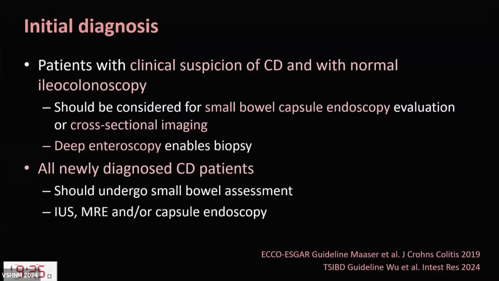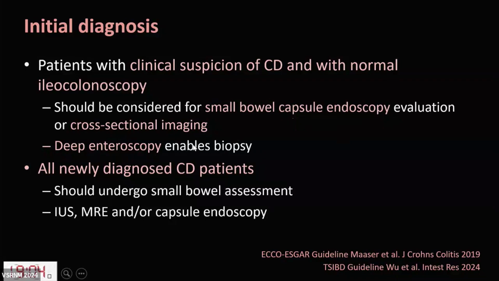So for initial diagnosis, if the patient is suspicious for Crohn's disease but has a normal ileocolonoscopy, then the small bowel should be examined, and we can use small bowel capsule endoscopy or cross-sectional imaging to see if there is any abnormality of the small bowel.